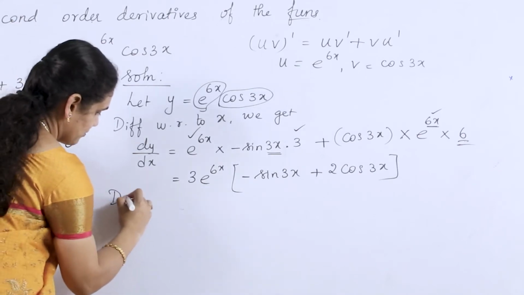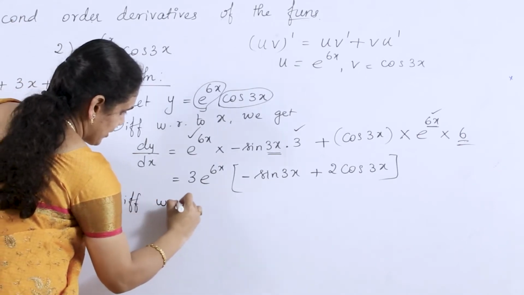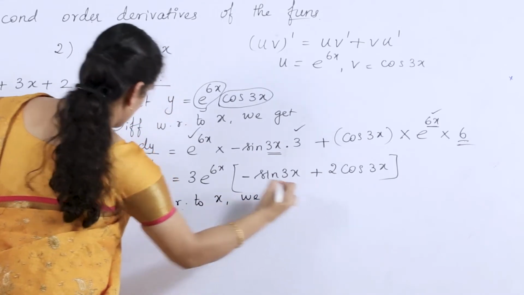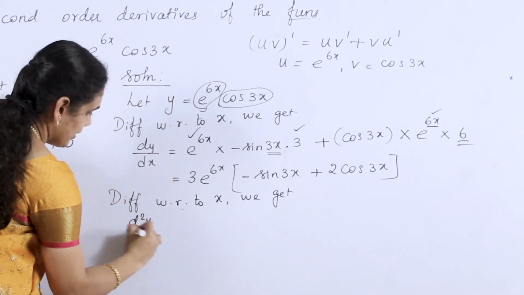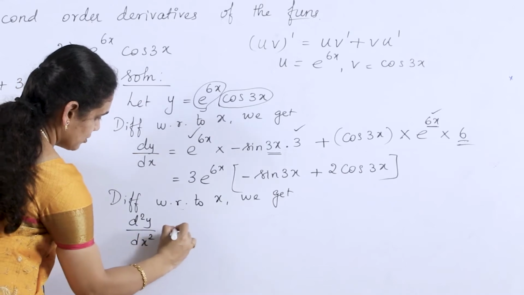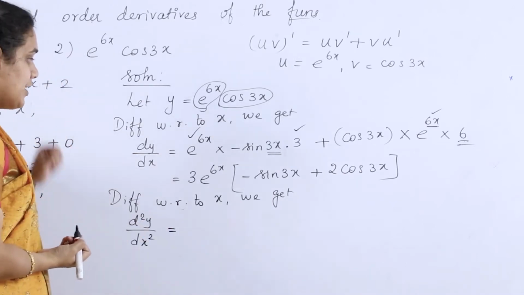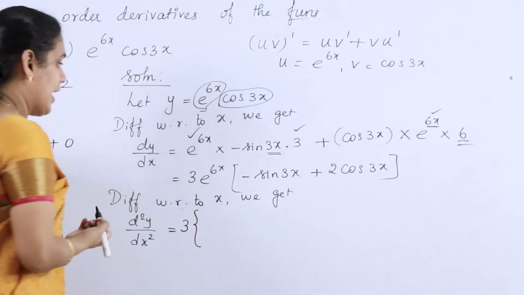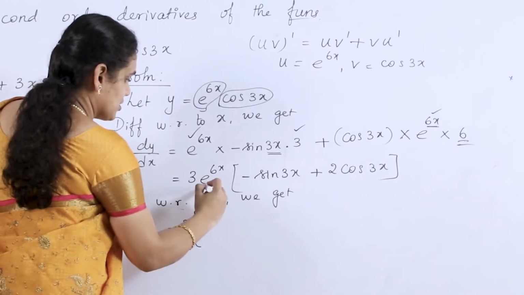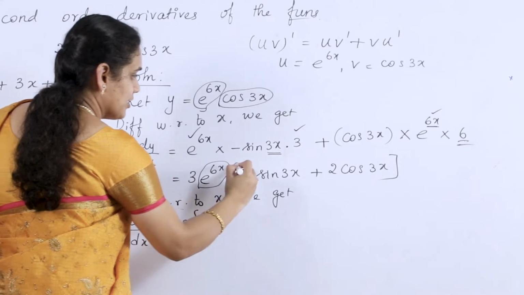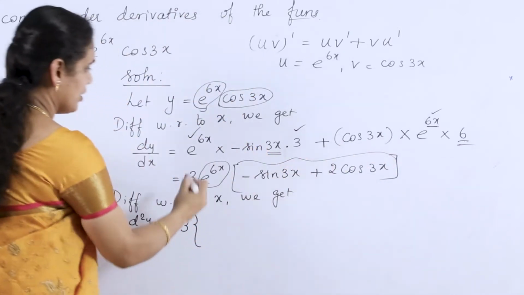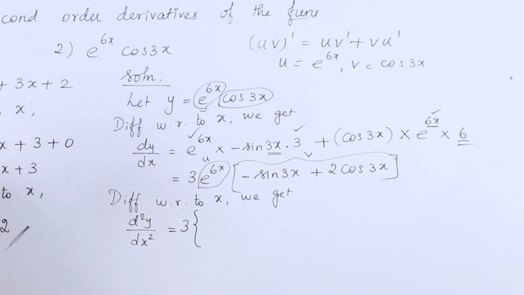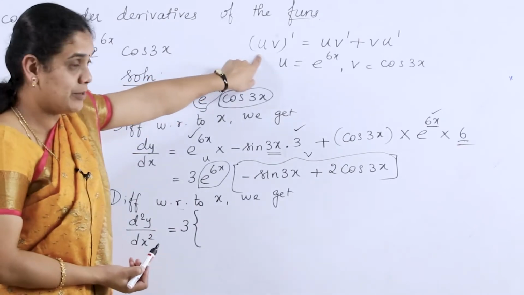So differentiate with respect to x, we get d square y by dx square. So that gives us, here again this 3 is a constant, so let me keep it outside. And here again product of two functions, this is u and this is v. Alright, so we differentiate by using this rule, Leibniz rule.